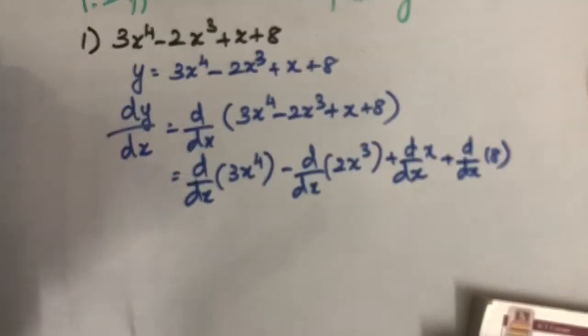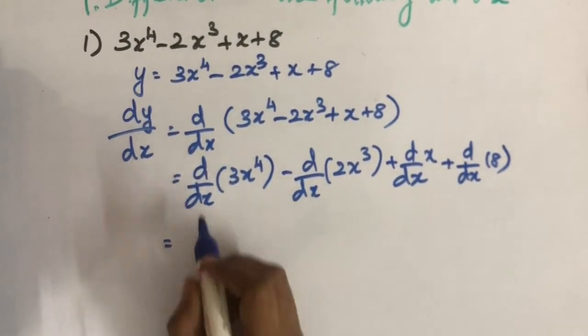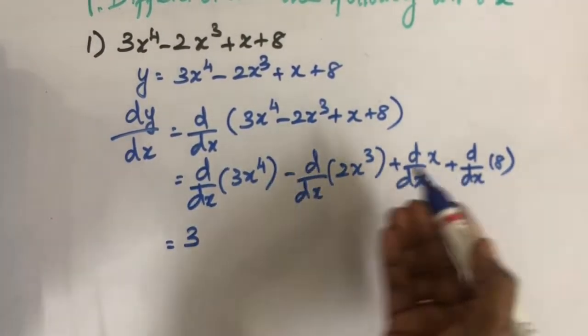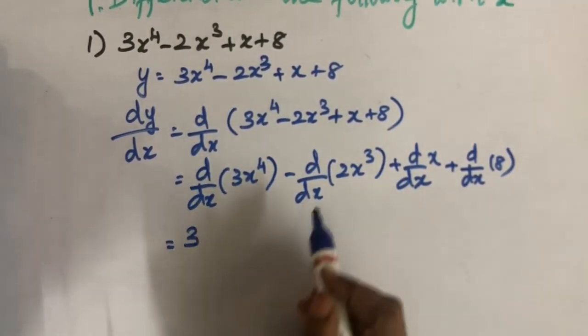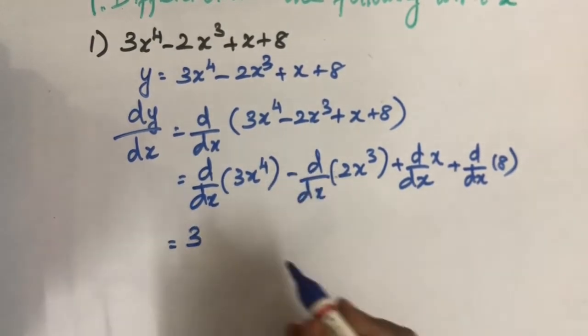Okay. So, we can take the constant outside, 3. While writing the first step itself, you can take the constant outside. Here I have taken the minus symbol, but you can take minus 2 as well.